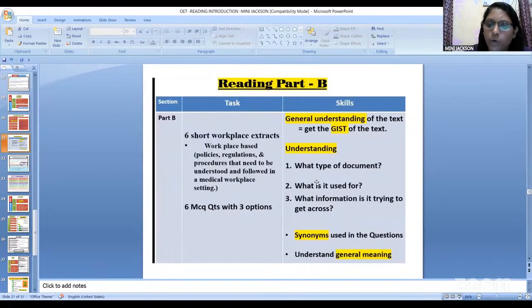Maybe one word has different meanings. One text may give one meaning, another text may give another meaning. So you can understand, okay, I wrote it in my book, that is the way it's given, there is a different meaning, so I can understand and go for it. So it's easy to connect the answers and the questions.